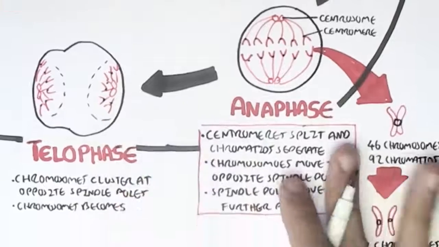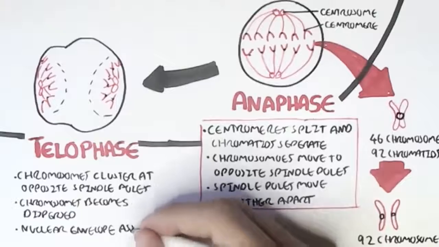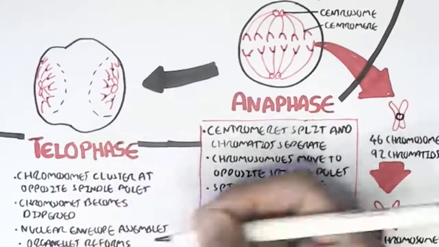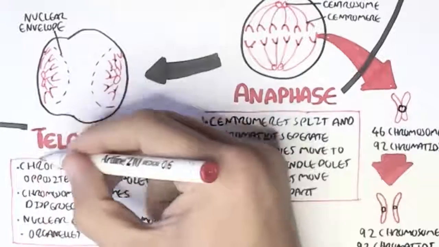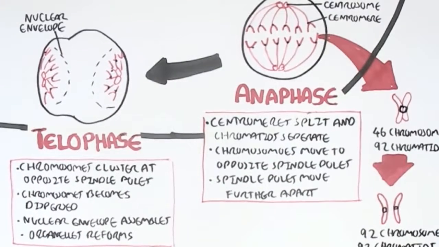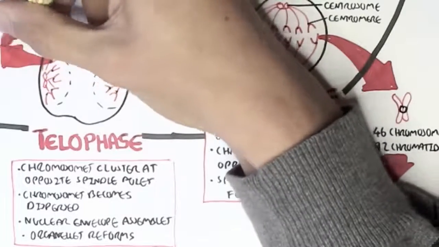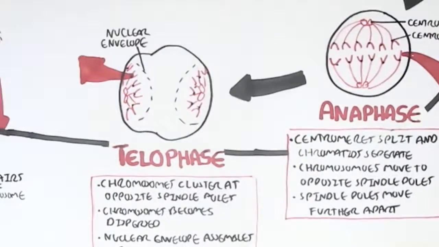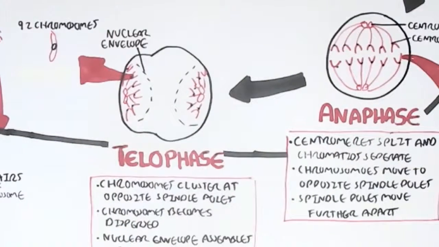The chromosomes become dispersed, the nuclear envelope will assemble, and the organelles will reform. And so this is our nuclear envelope, which is reassembling, essentially. Now, if we were to look at the genetic material of this cell during telophase, this would represent 1 chromosome, which has 1 chromatid. And therefore, the cell would have in total 92 chromosomes and 92 chromatids.